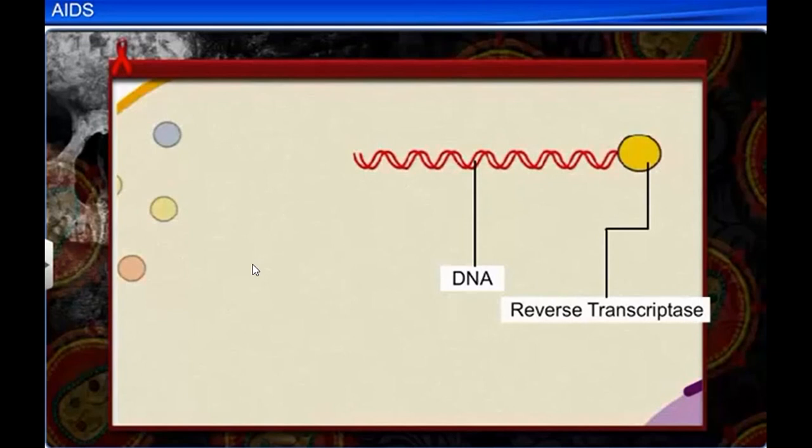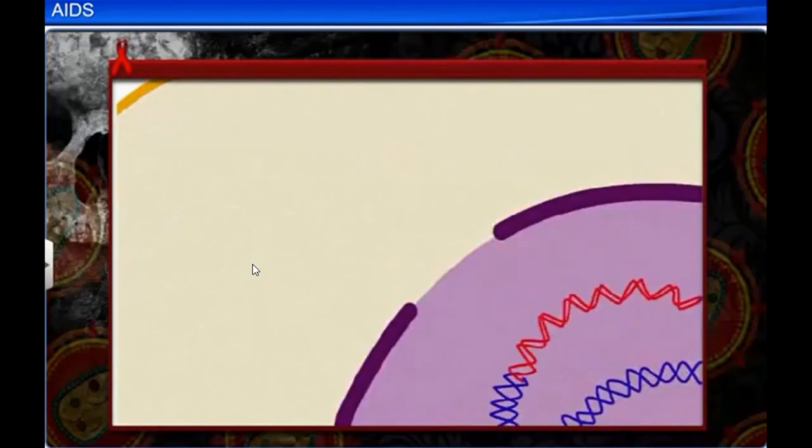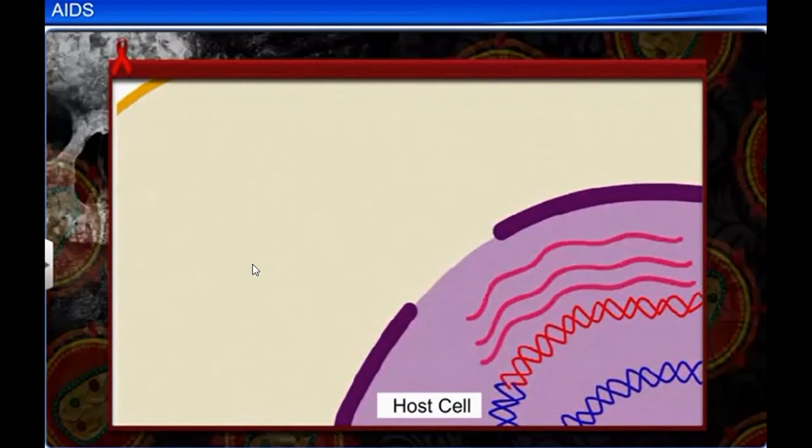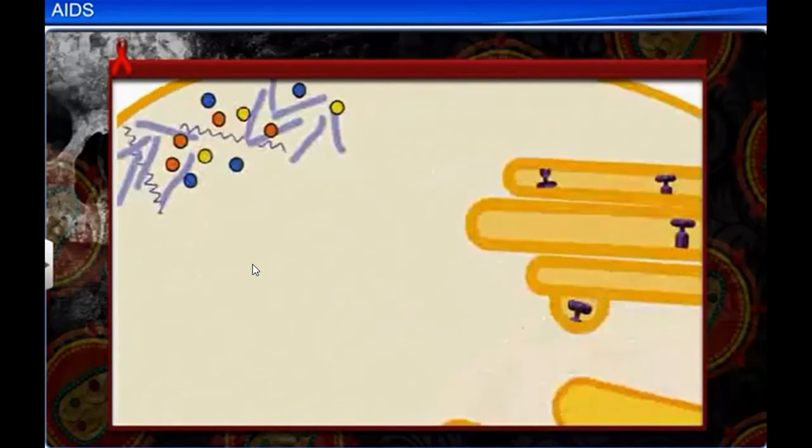The viral DNA takes over the host cell by entering into the nucleus of the host cell and incorporates into the host cell DNA and directs the infected cells to produce viral particles.